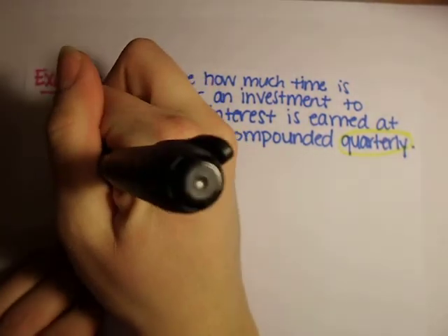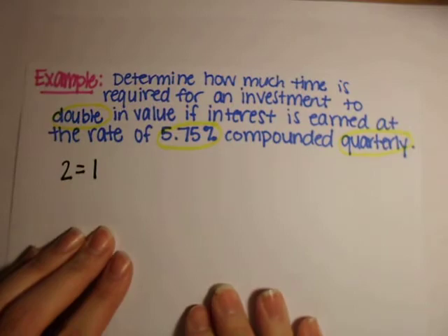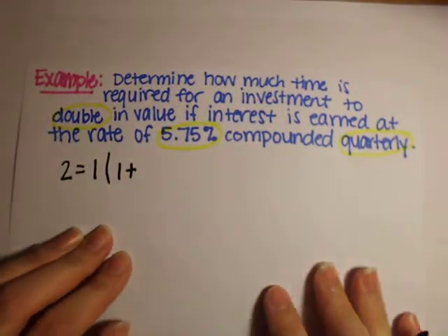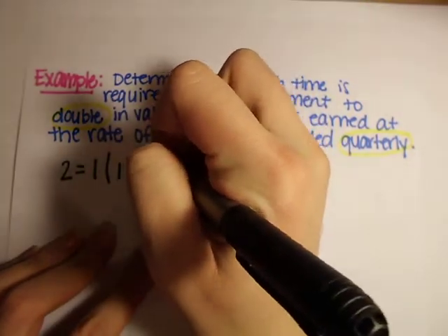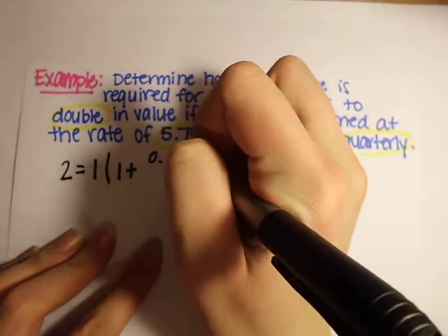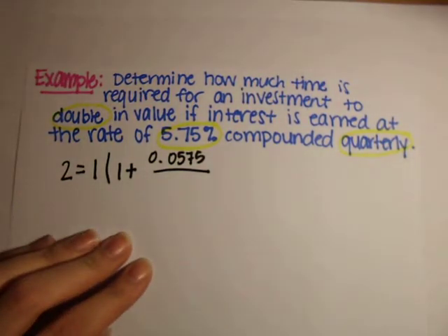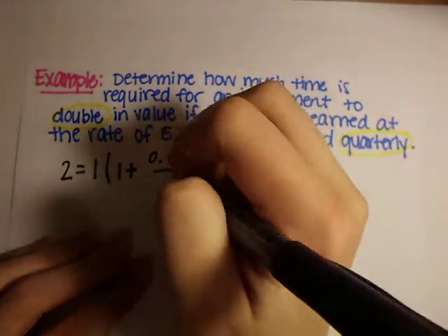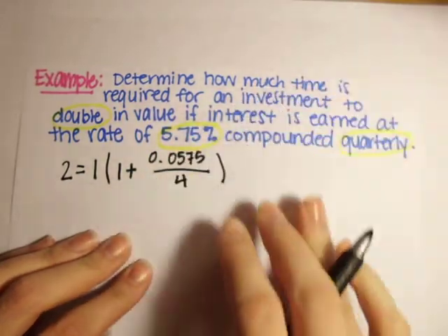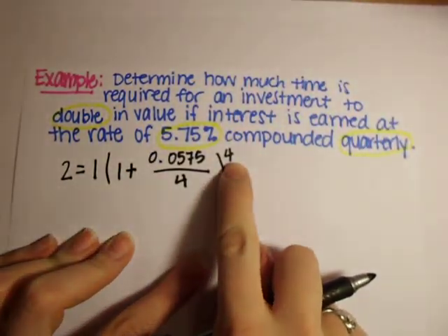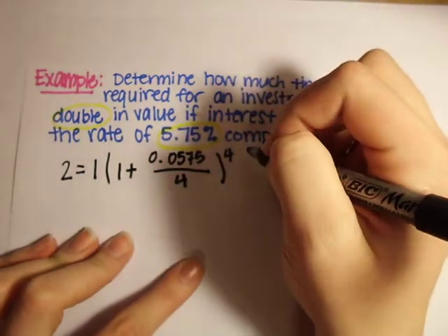Then our original amount, which will be our principal, times 1 plus our rate converted to a decimal, 0.0575, over our number of times compounded per year, which is quarterly, which would be 4, raised to K, which is our times compounded, times time.